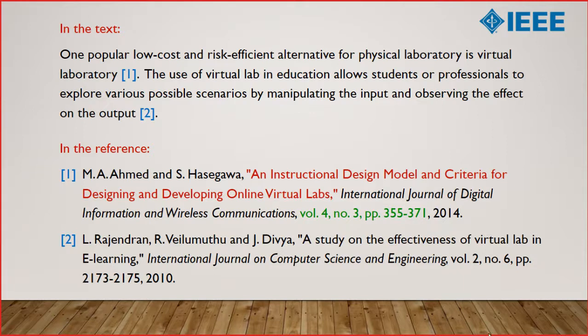You will also notice in the reference, the structure is a little bit different, with the use of certain symbols and so on, different from APA. We will cover this in more detail in the following slides.